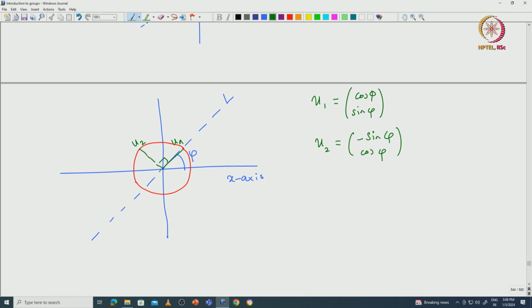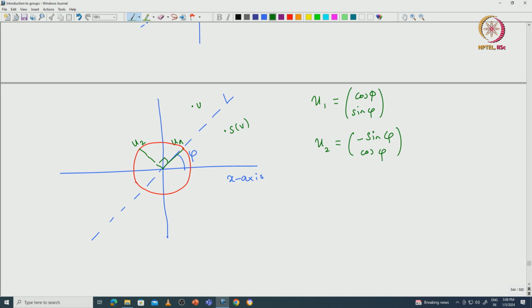Now if you take some vector, let us call it v, you want to find the reflection with respect to this L, where it will be sent, which we call SV. So, what is the formula for SV? Let us draw some parallelograms and then try to complete it.